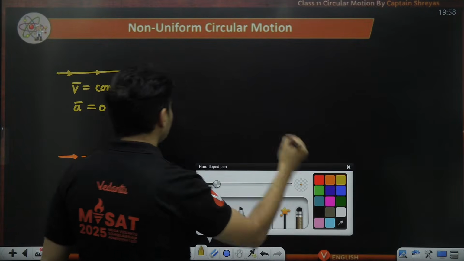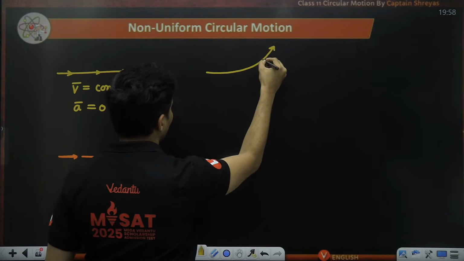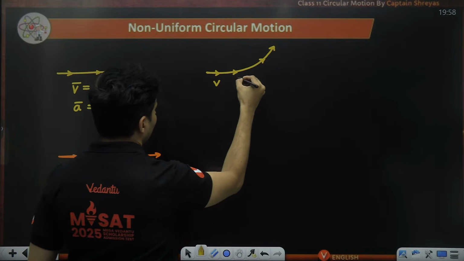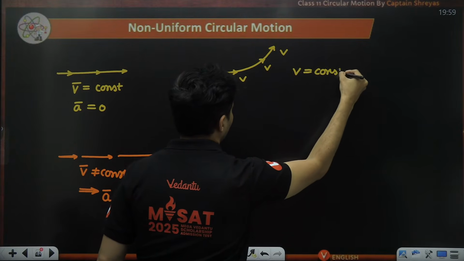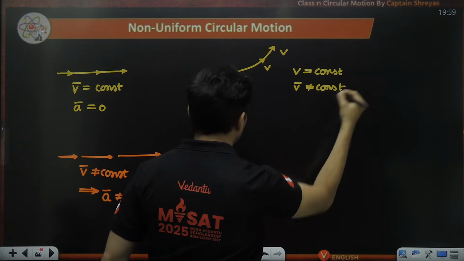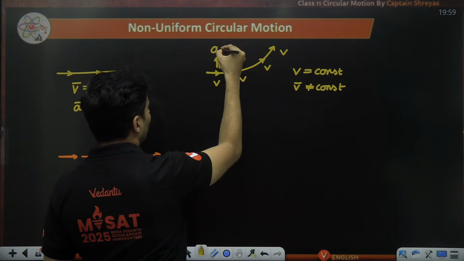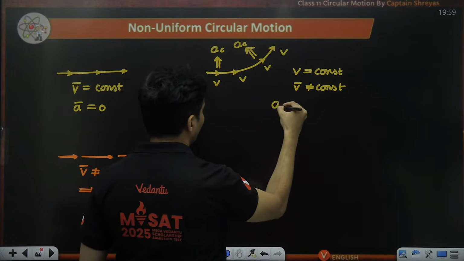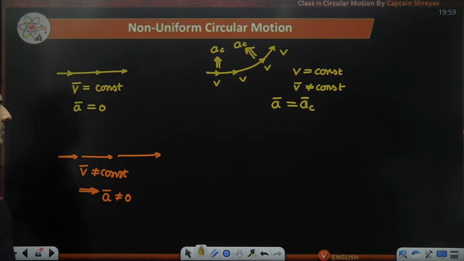Also, I saw if my speed is constant but direction alone is changing, so speed is constant but velocity is not constant, then we saw that in that case, you are accelerating towards the center. Your acceleration is the centripetal acceleration. That is what we saw.